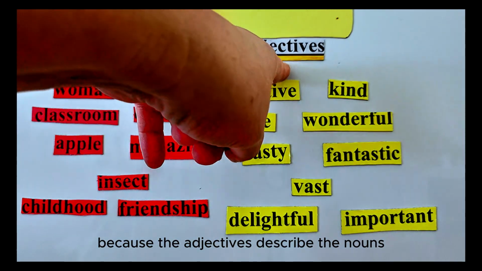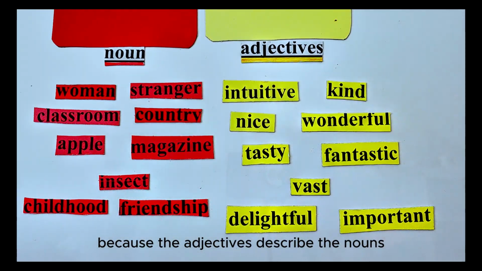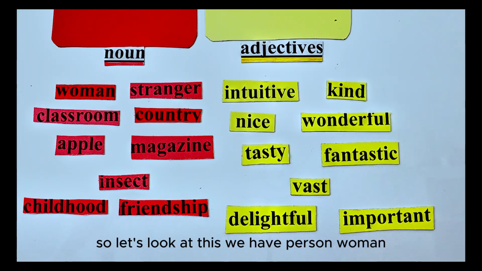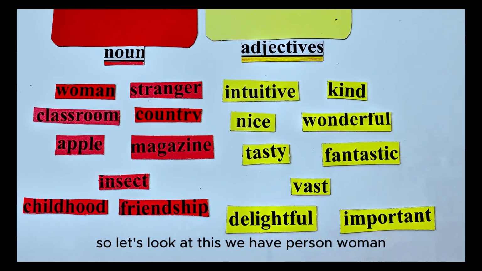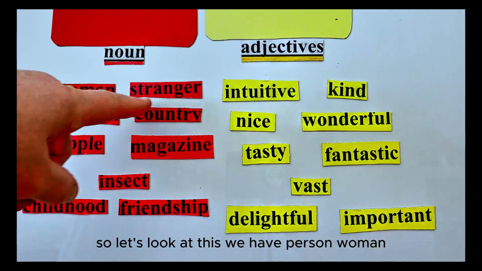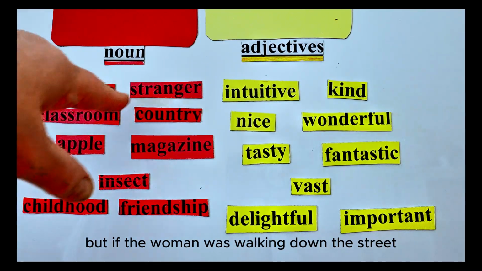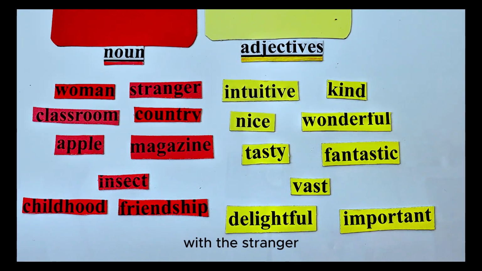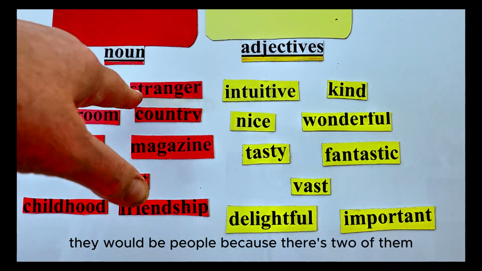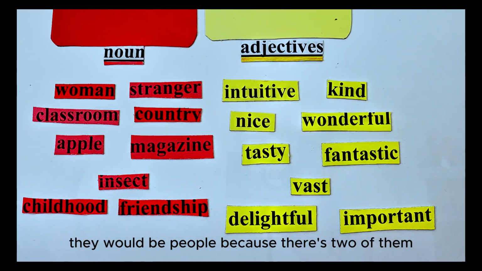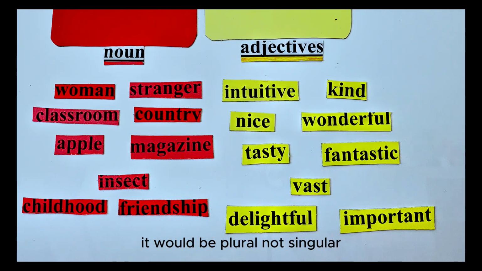Because the adjectives describe the nouns. So let's look at this. We have person, woman, person, stranger. But if the woman was walking down the street with the stranger, they would be people because there's 2 of them. It would be plural, not singular.